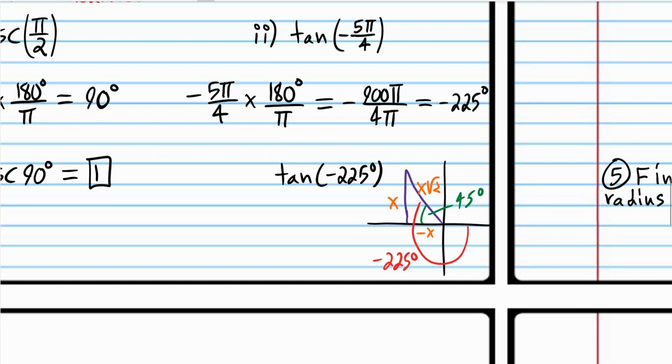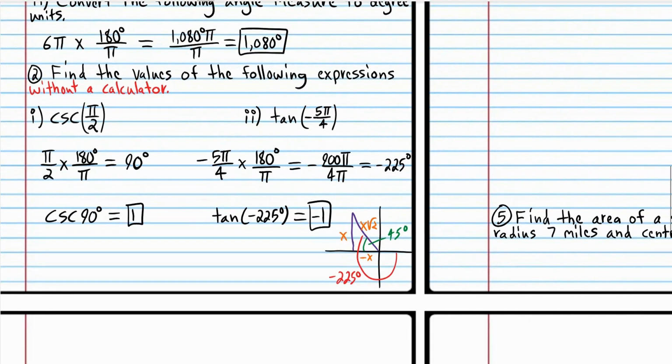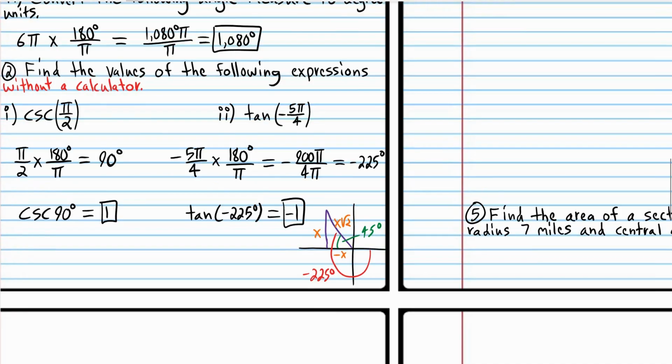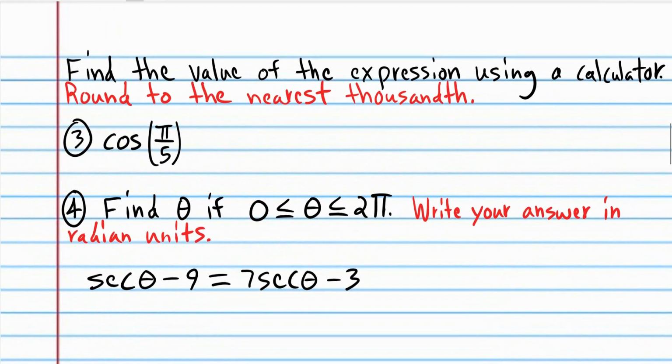So tangent negative 225, that would be the opposite side of the green reference angle divided by the adjacent side of the green reference angle. So that would be negative 1. So we got that right. Excellent.